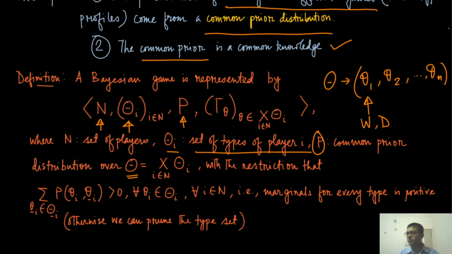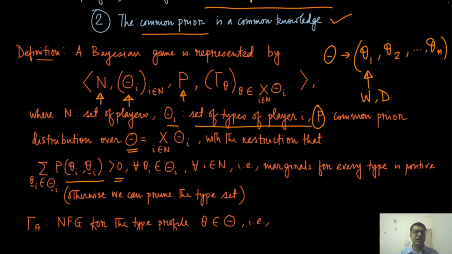Of course, this probability has one restriction: if you take the marginals with respect to any theta i, then it has to be positive. We'll see where it is needed. This is required to define the conditional probabilities.